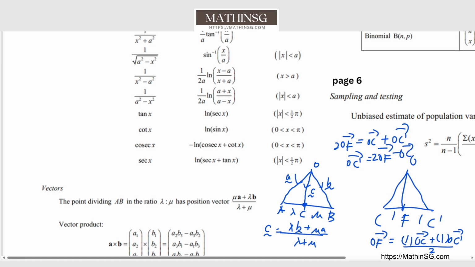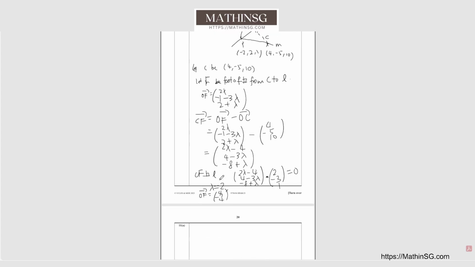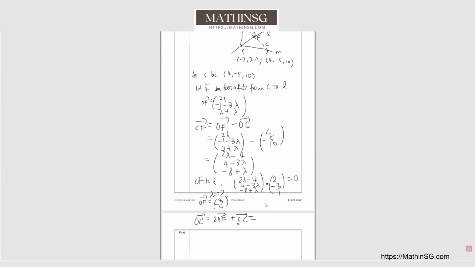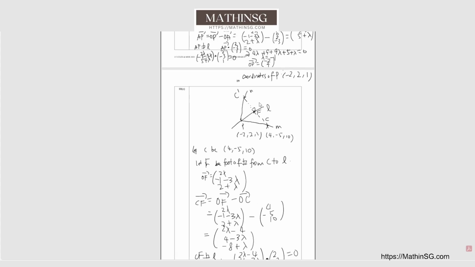So let's write it. You sub in everything, you will get 4, minus 9, and minus 2.